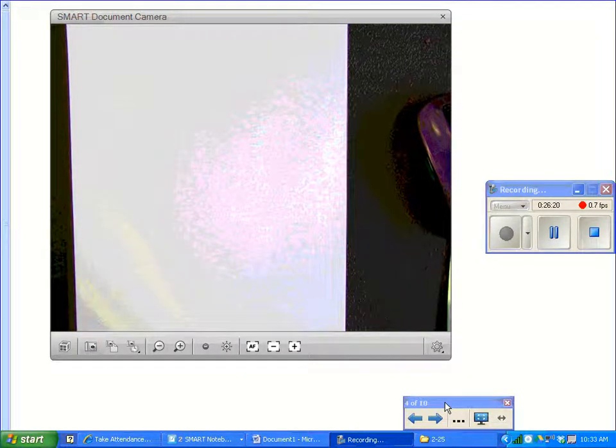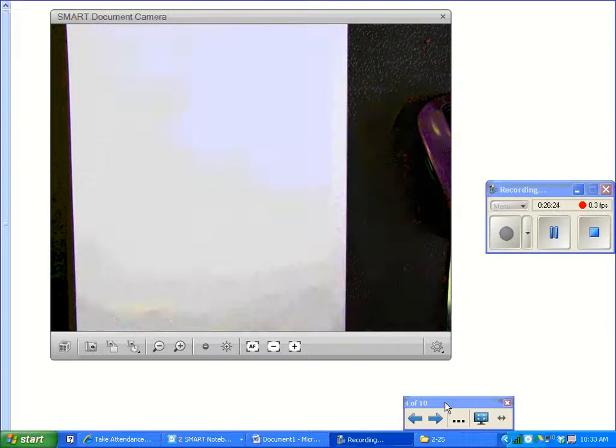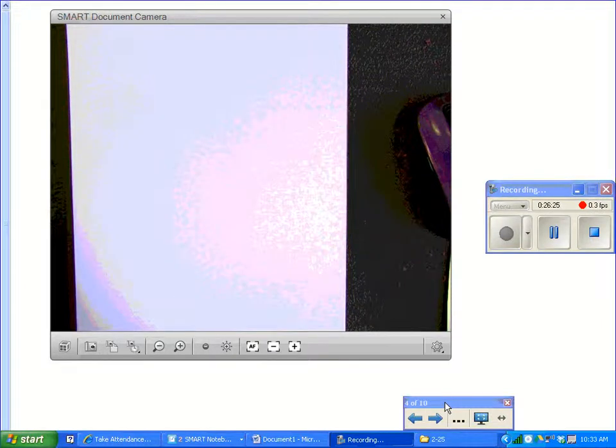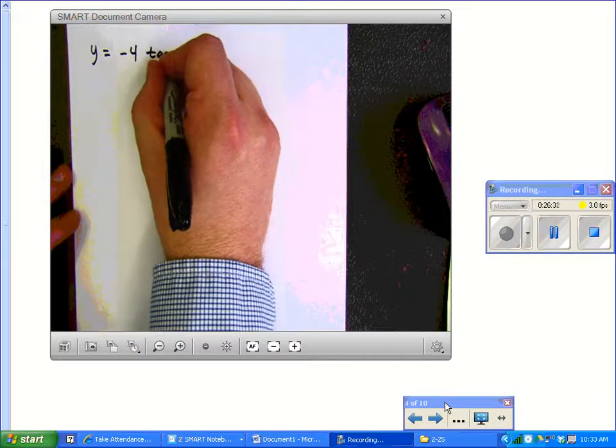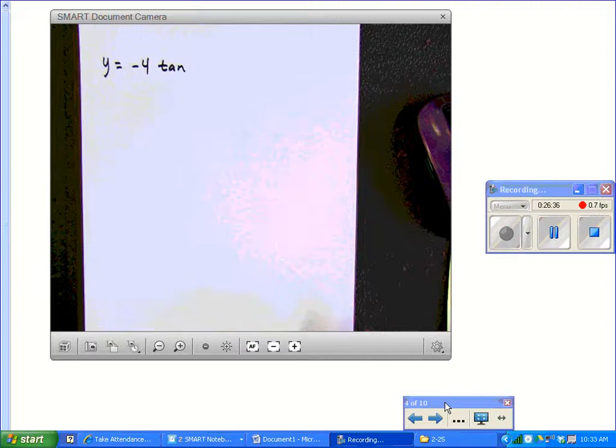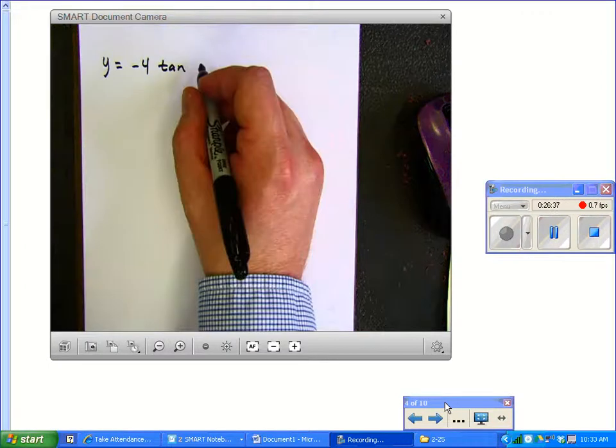I was looking for one that had a negative in there. I guess I can just make one up. All right, let's try this one, and then this will be good enough. All right, let's do -4 tangent. Somebody give me a b, put in front of my x here. 3 over 2. Okay. All right, so 3 over 2x.